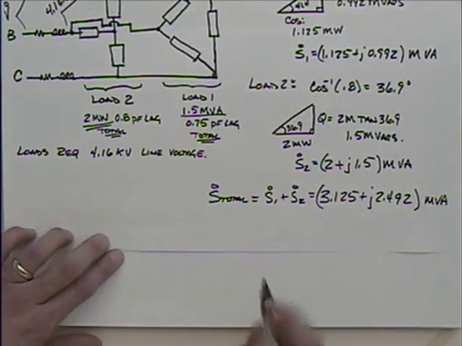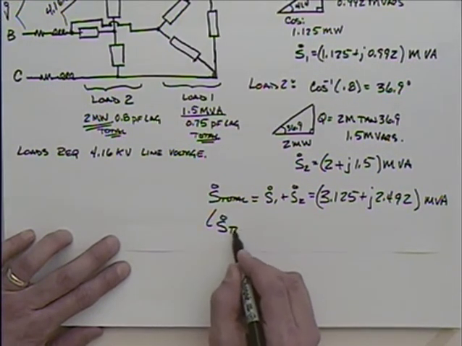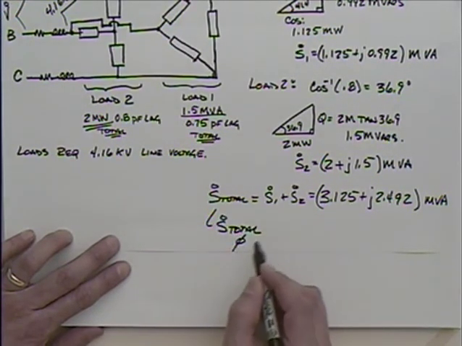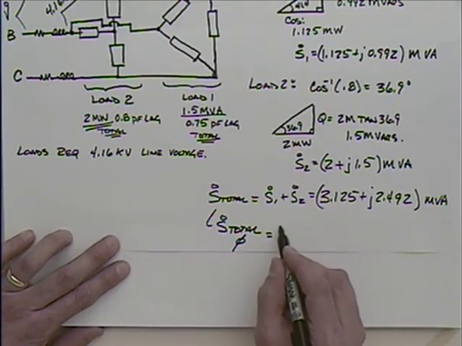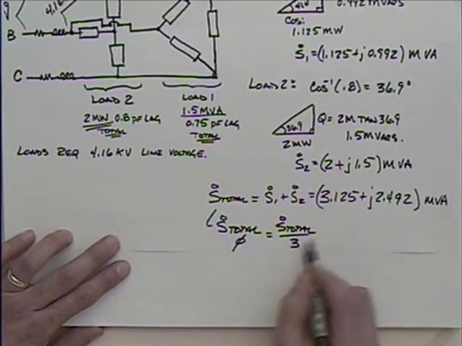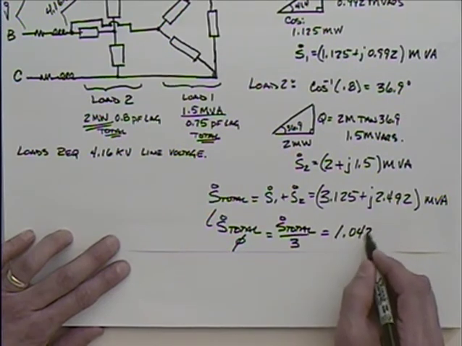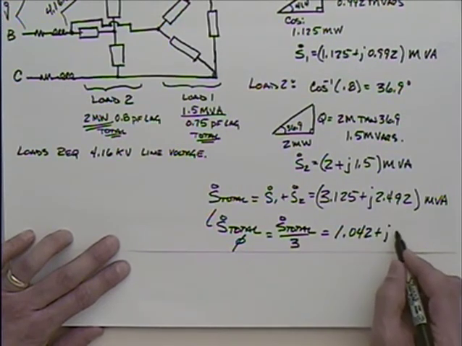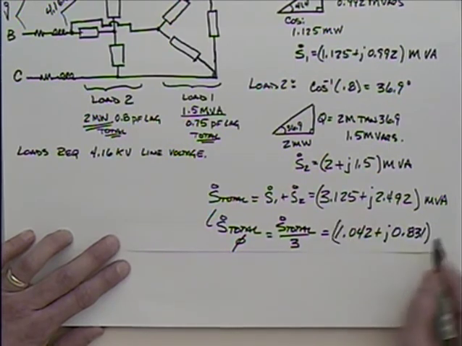So if we ask that for the total per phase, what would that be equal to? S total divided by 3. So that turns out to be 1.042 plus j0.831 megavolt amps.